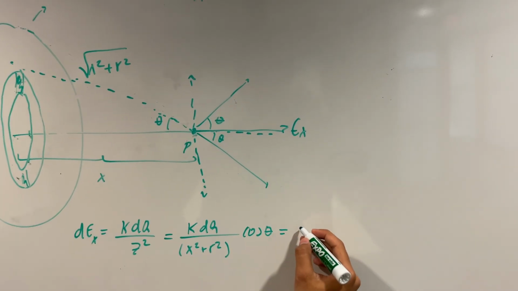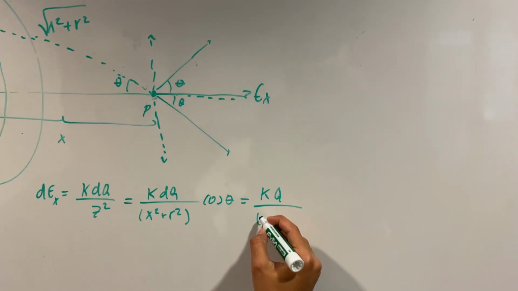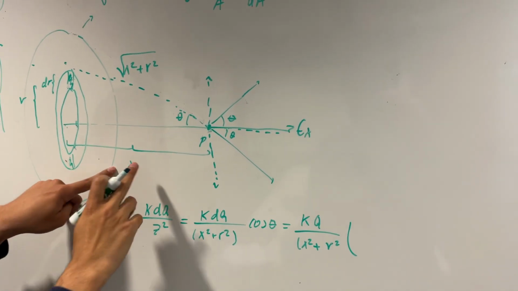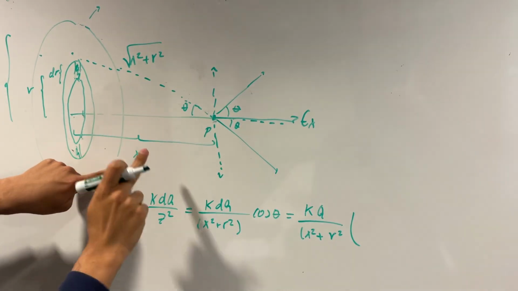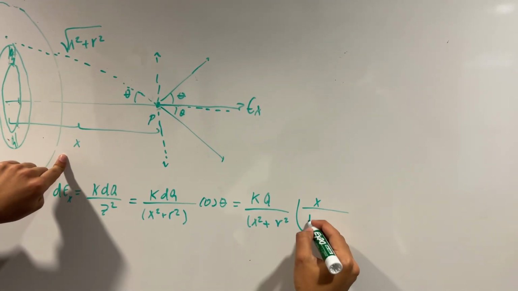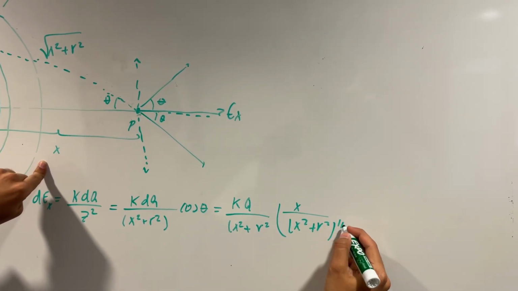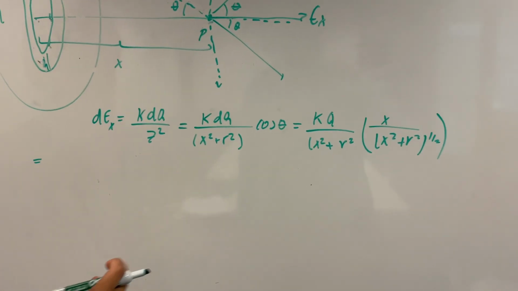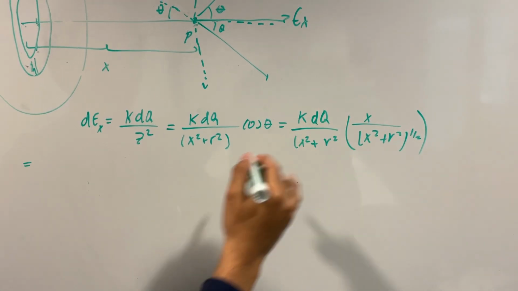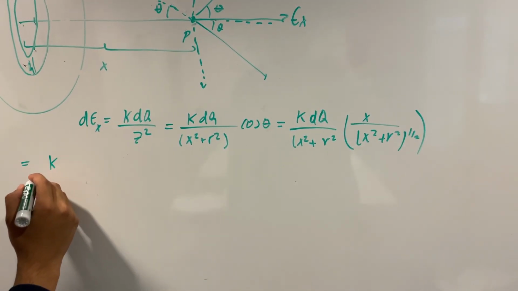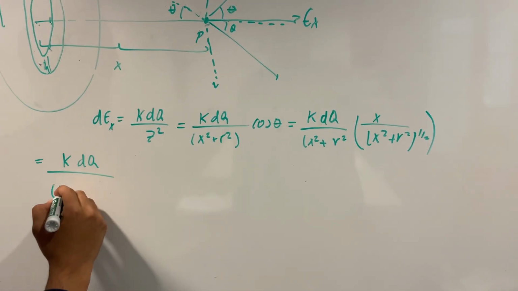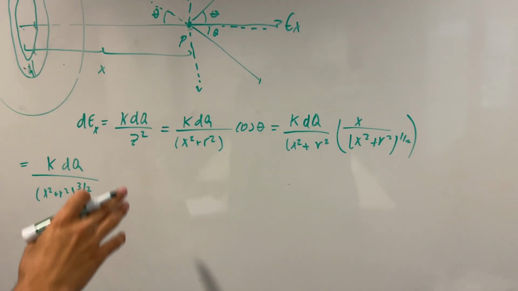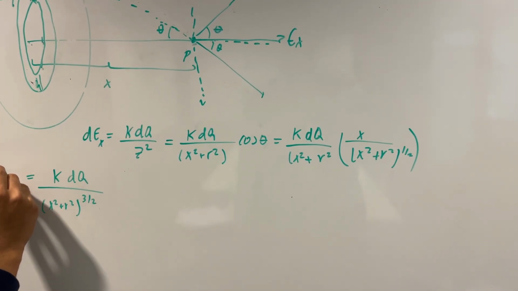Cosine theta is x, the adjacent over the hypotenuse, so it's x over x squared plus r squared to the 1/2. Sorry, this is the dq. So now we have k dq x over x squared plus r squared to the 3/2, and all that is in the x direction. Now we want to integrate this because we know this is just the E.